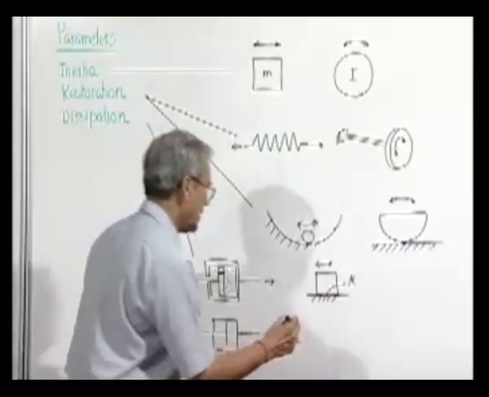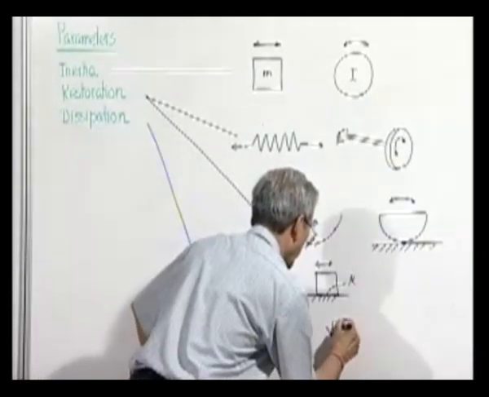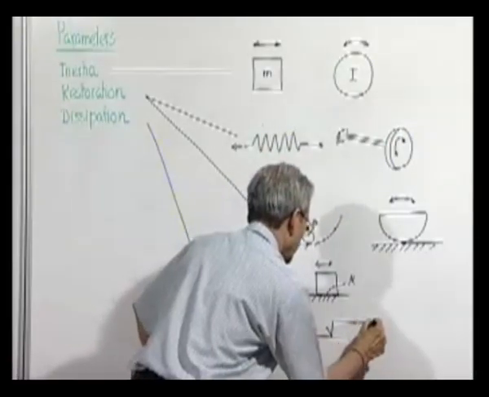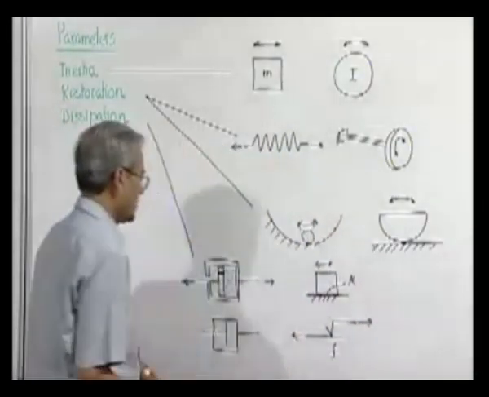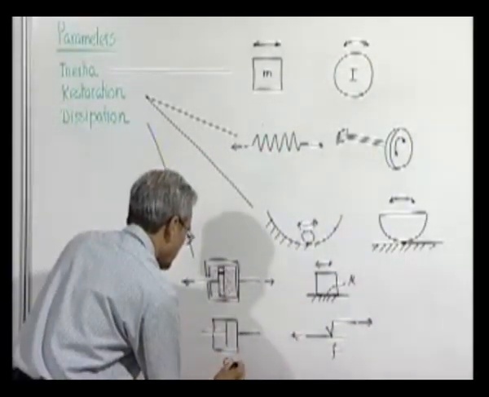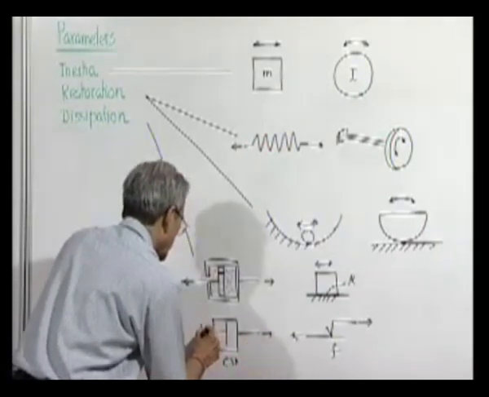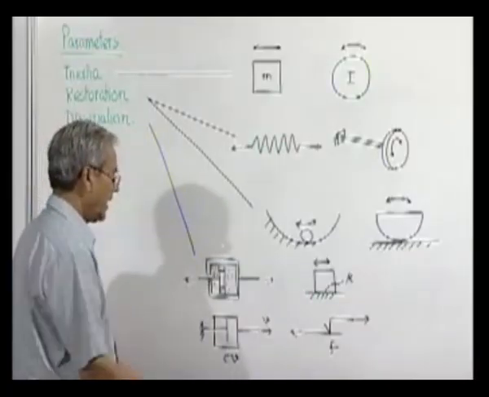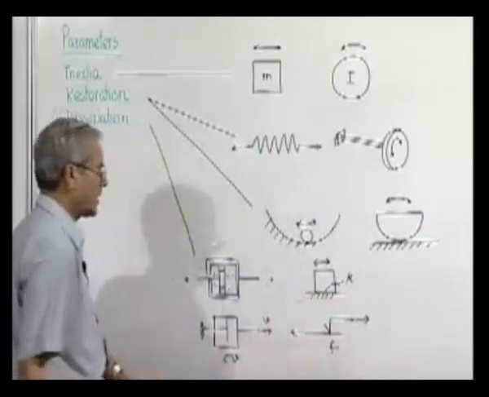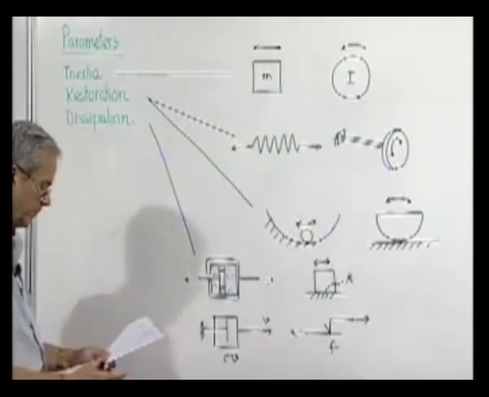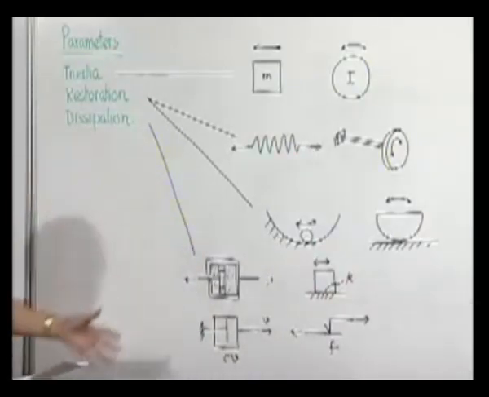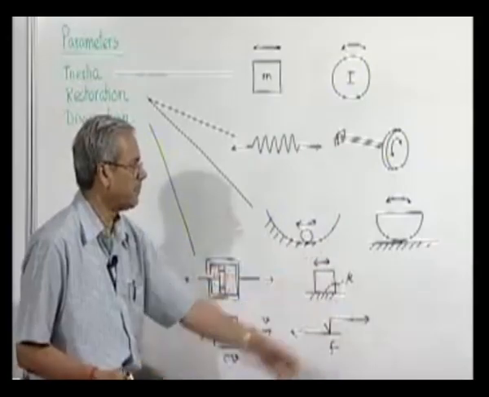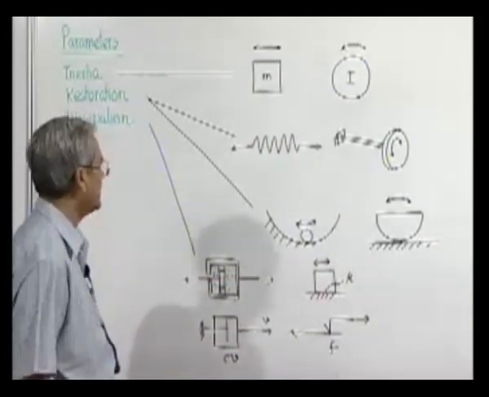The solid friction is represented by this symbol, and here the force is F. Here of course the force will be C into velocity, if V is the velocity. Here it does not depend on velocity, it is constant because it is solid friction. So these are the kind of parameters we have. We have dissipation, primarily these two types. Material damping we cannot show, it is hidden inside the material.